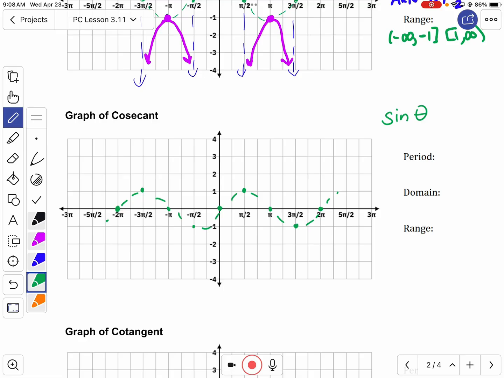Where are asymptotes going to happen this time? Same place, the x-intercepts.